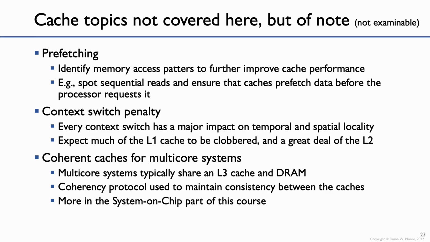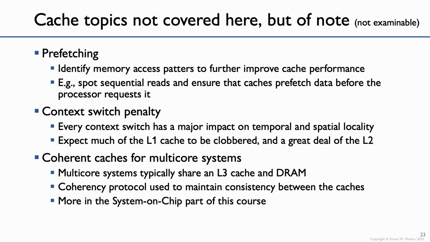As soon as you've done a context switch, you're working on a different thread, which is likely to have different code and different data. So you tend to expect that an awful lot of the data currently in the L1 cache will be clobbered, and often a great deal of the data in the level 2 cache as well. So every time you do a context switch, there's major cache impact and major performance degradation.